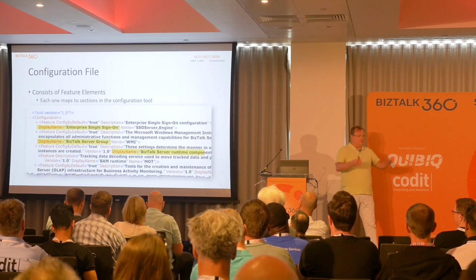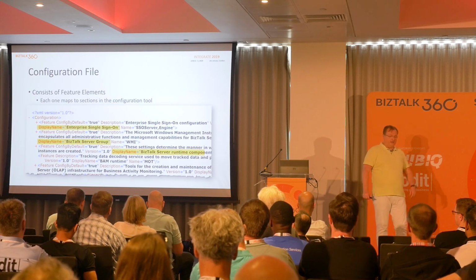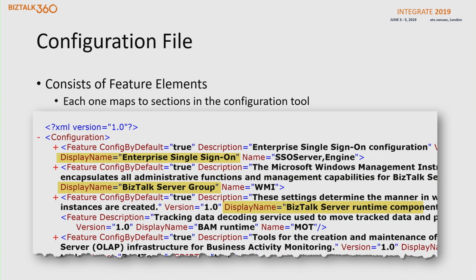The configuration file is something that you will have to configure the environment. And each configuration file consists of feature elements. Each feature element maps to a section that you have in the configuration.exe. So here you have the ones.